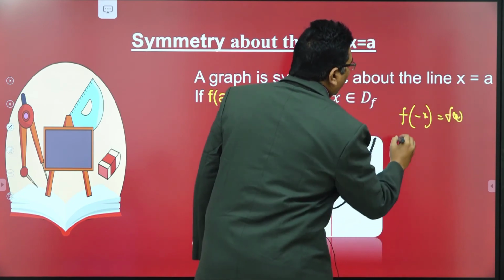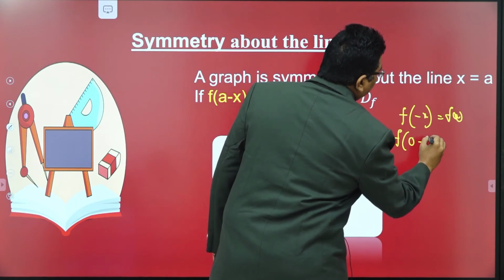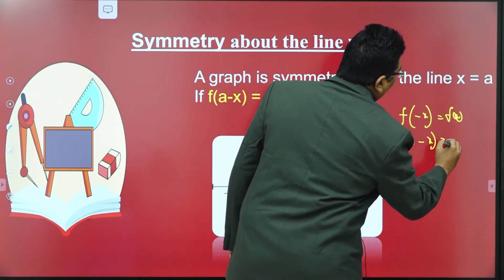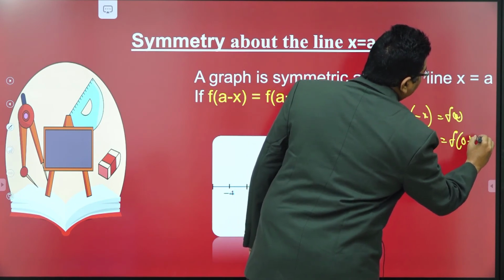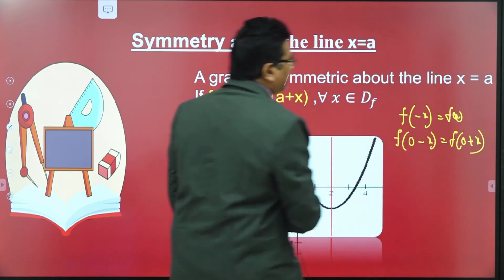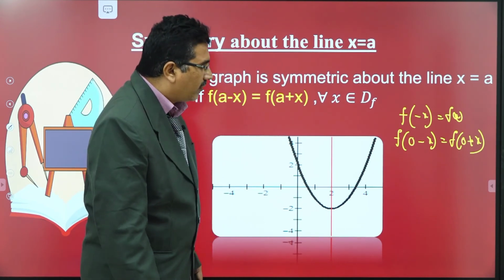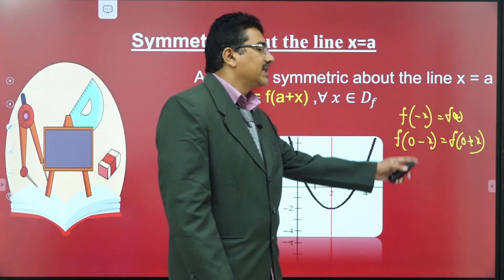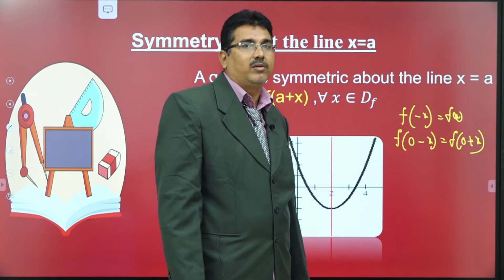This can be written as f(0 minus x) equals f(0 plus x). This is the definition of an even function, symmetric about the line x equals 0.